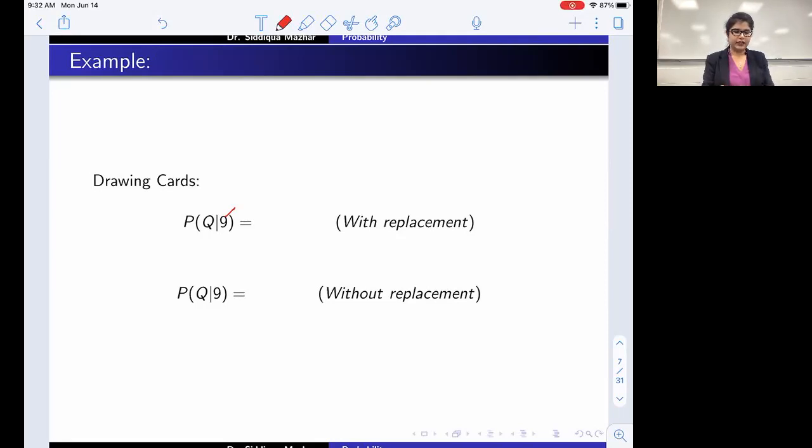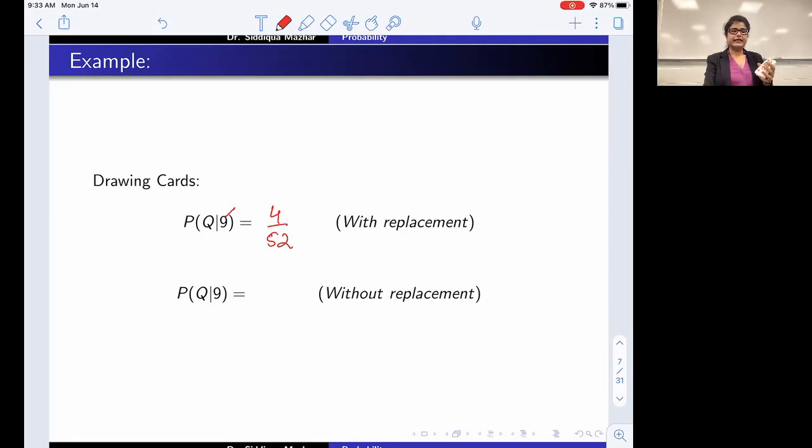So the probability of a queen from 52 cards is 4 out of 52, because we have done the experiment with replacement. I'm putting the card back into my deck, so the sample space remains the same.